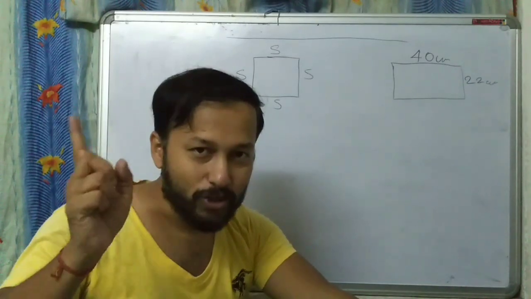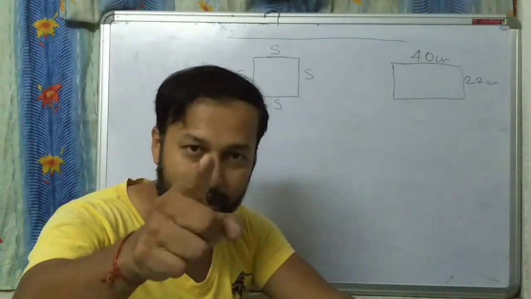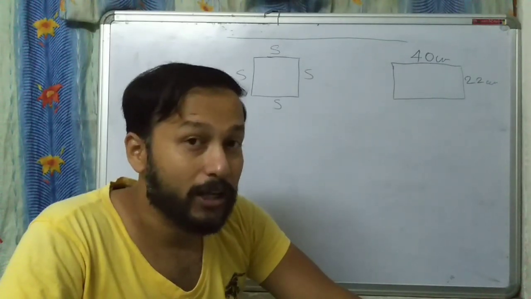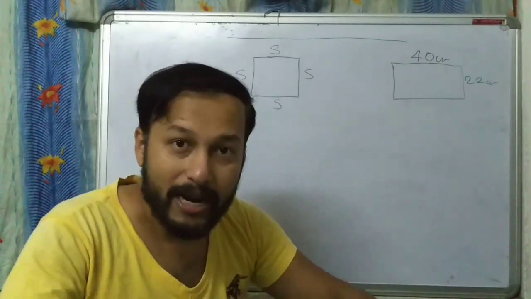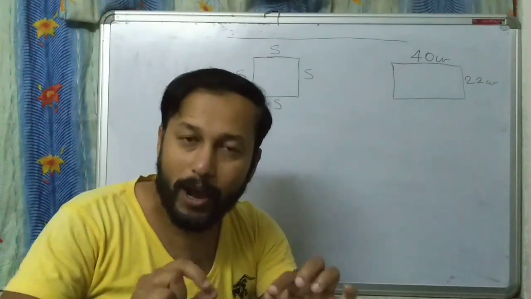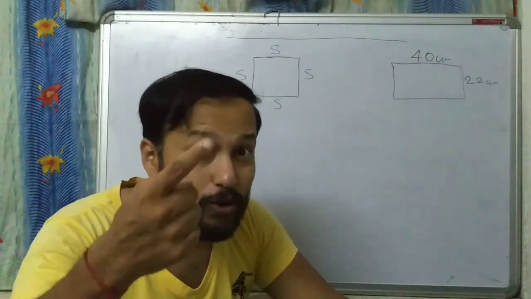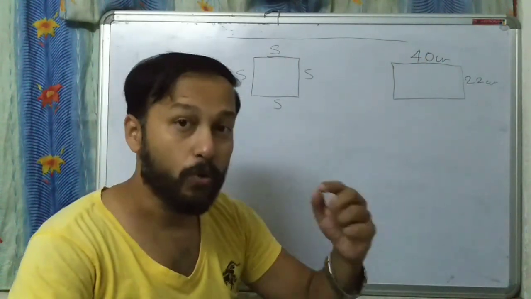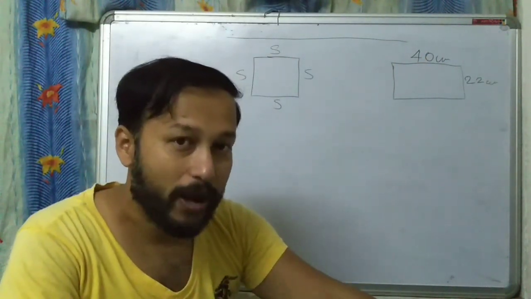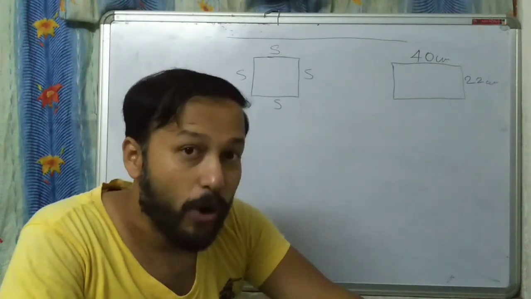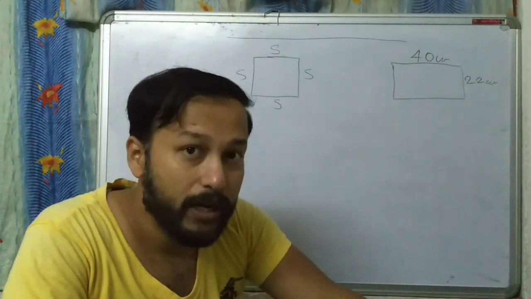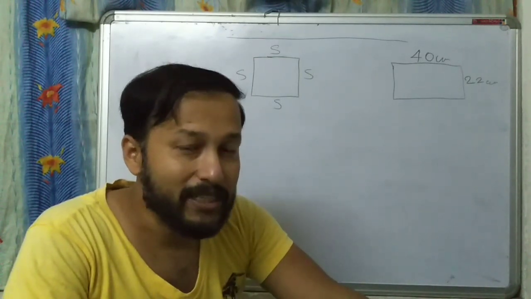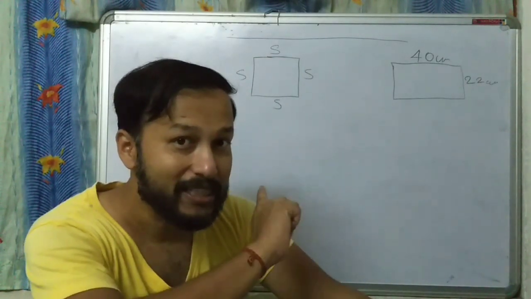Why? Because both are made by that wire, which is forming the boundary of the rectangle and square. That means their perimeter should be same.